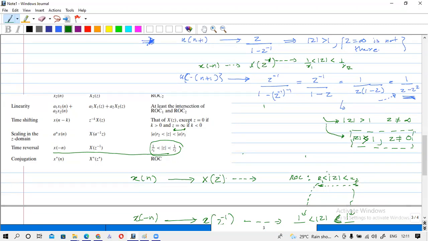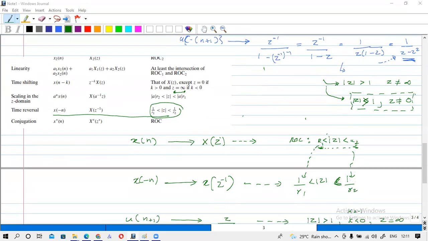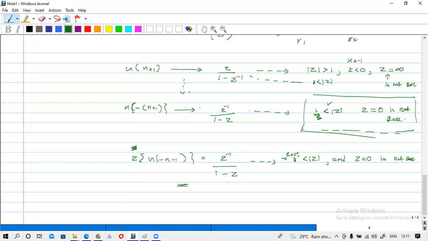Yes, you can use the scaling, the Z scaling property. Not the time scaling; the scaling is done in the Z domain. So you can use this property.